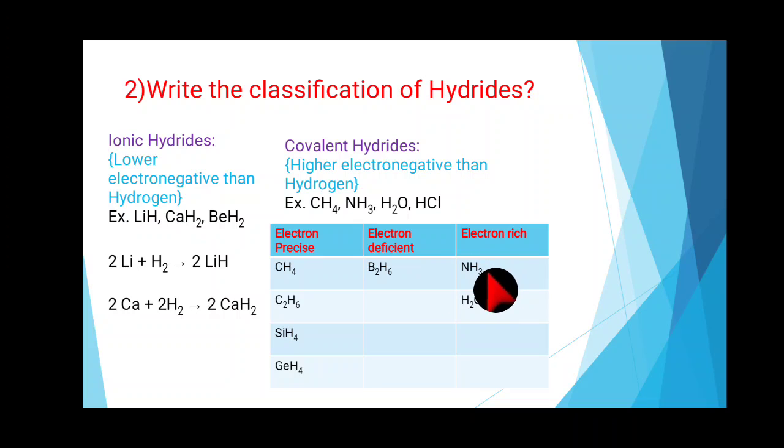Electron rich means what? In ammonia, nitrogen has one lone pair of electrons. Likewise, in water, oxygen has two lone pairs of electrons. That's why it is divided into 3 categories: electron precise, electron deficient, and electron rich.